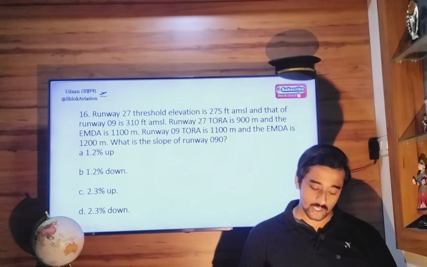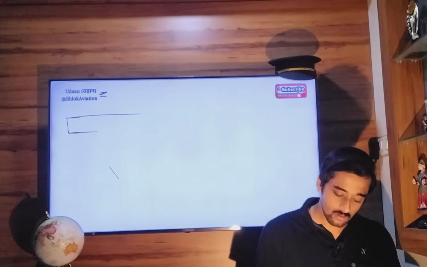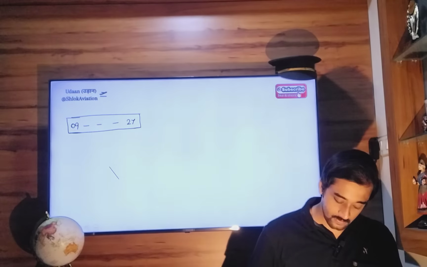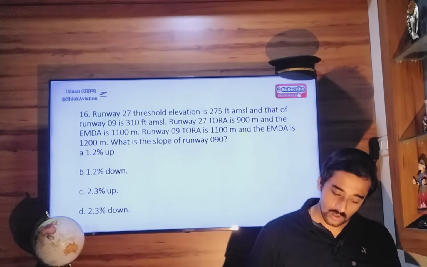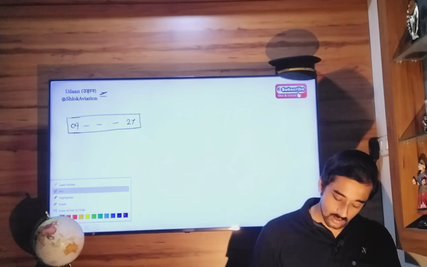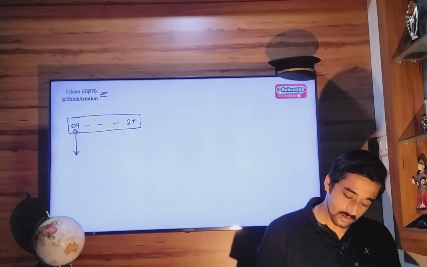Next, question number 16. Runway 27 threshold. So draw a runway. 09. So runway 27 is 275 and 09 is 310. So now runway 09 is higher than runway 27.